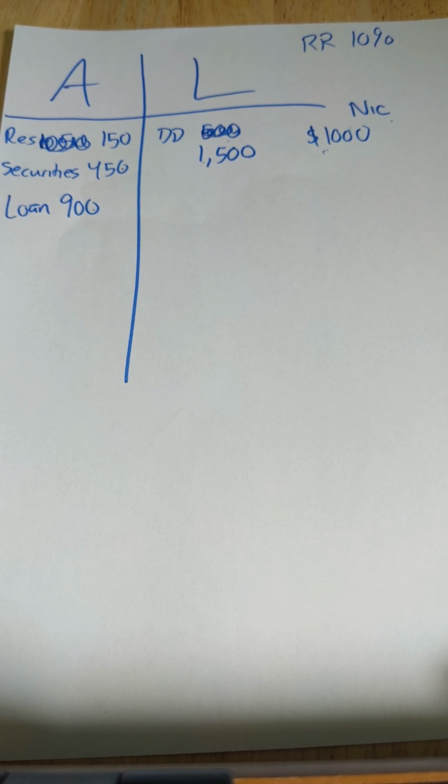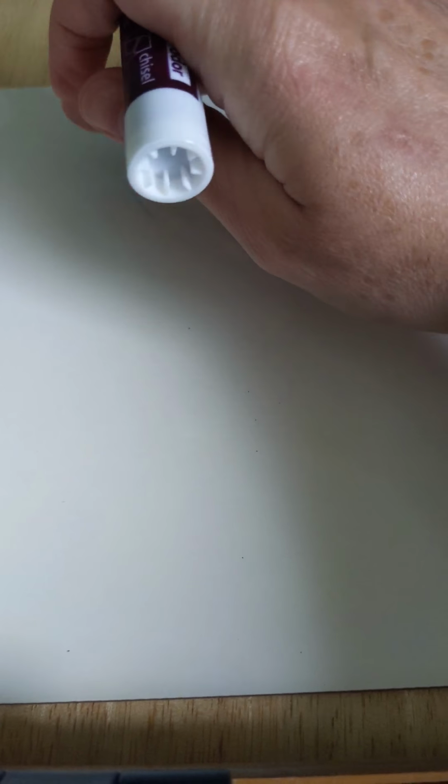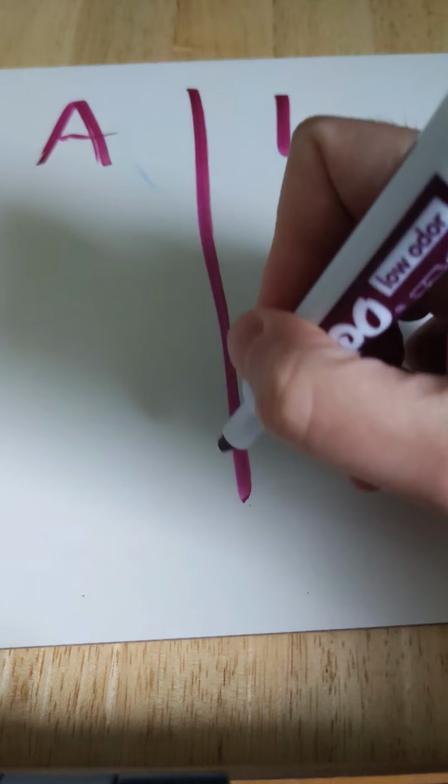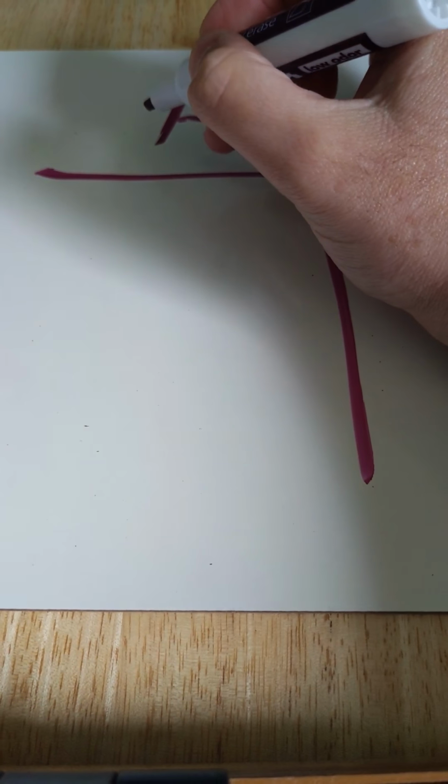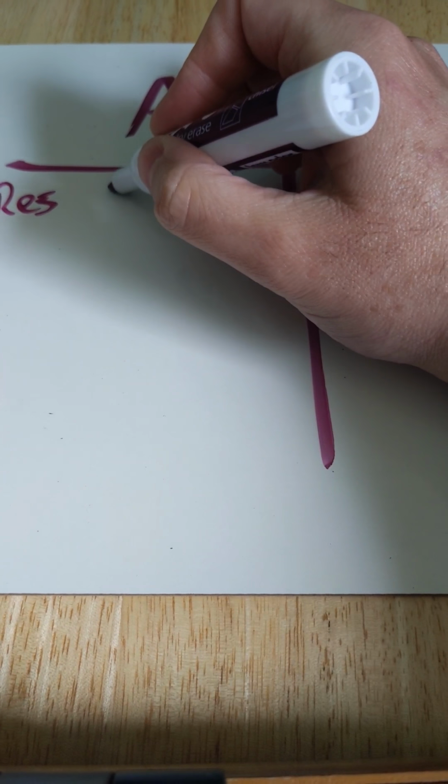So there we go. That loan goes out to someone. In fact, you know what? Let's do this better. Assets, liabilities. Okay. So, reserves, we'll just say 100.